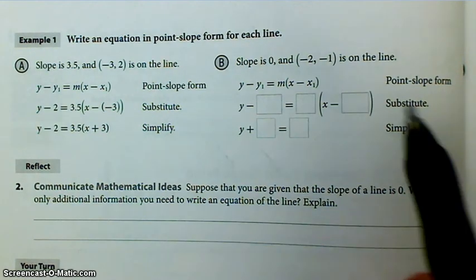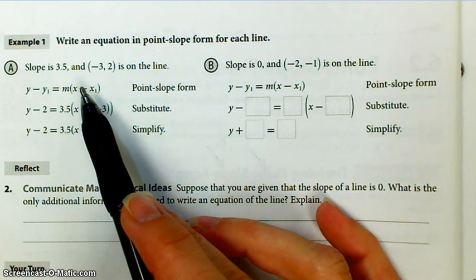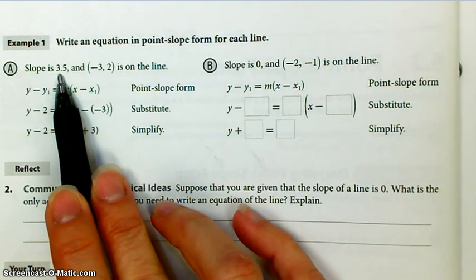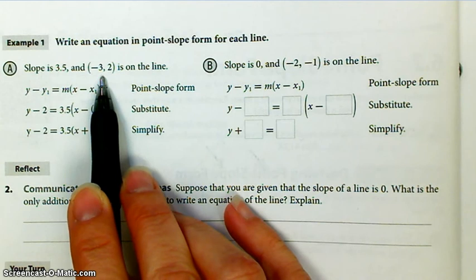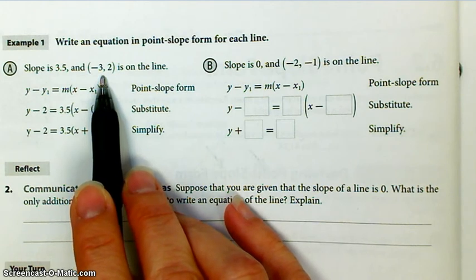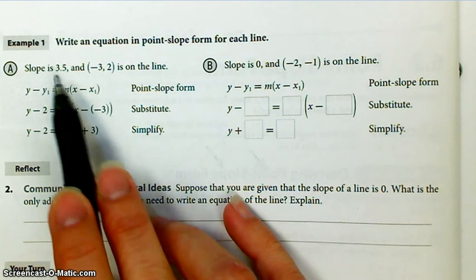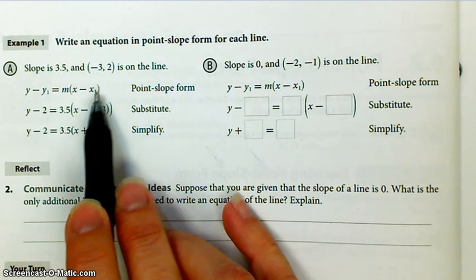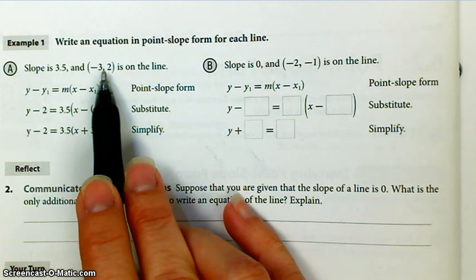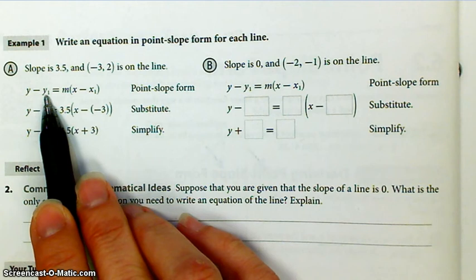Okay, so example 1a is basically done for you. Here's your slope, here's your ordered pair indicating a point on the line, and you just plug and chug. You put 3.5 in for m, you put negative 3 in for the x1 value, and you put 2 in for the y1 value.